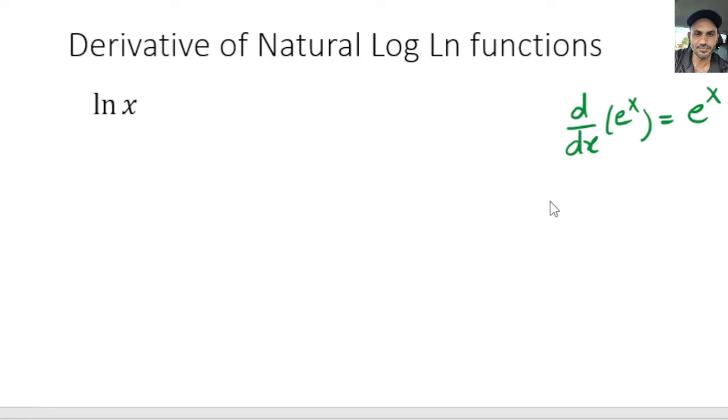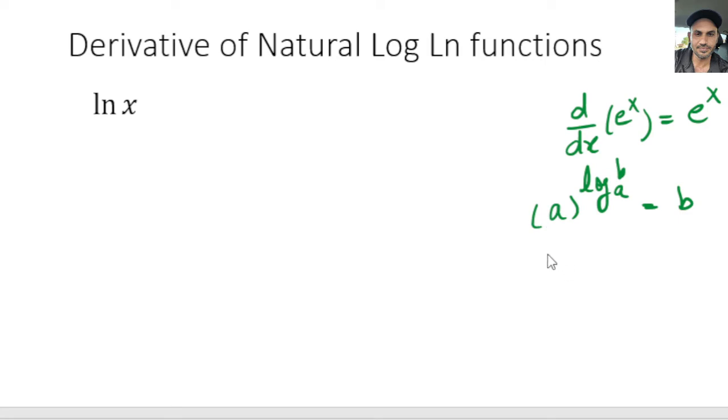Another property of the log is that if we have a raised to the log of some number b with base a, it equals b. This is a very important property that we have to know when we solve for the derivative of natural log functions.